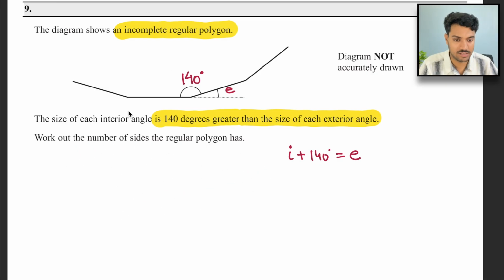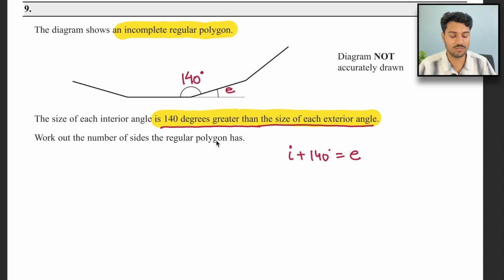As per the statement, the size of each interior angle is 140 degrees greater than the size of each exterior angle. Let's say the exterior angle is E. So the interior angle is going to be 140 plus I. I plus 140 is equal to E.